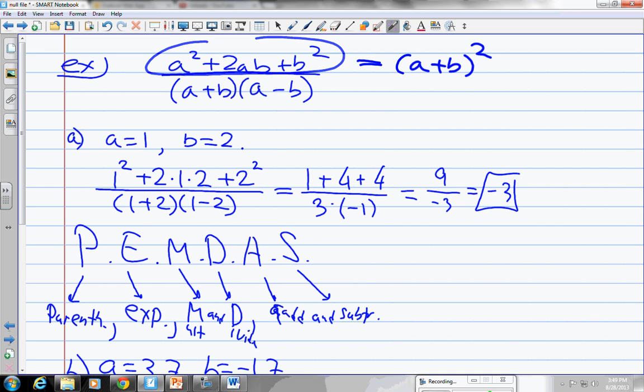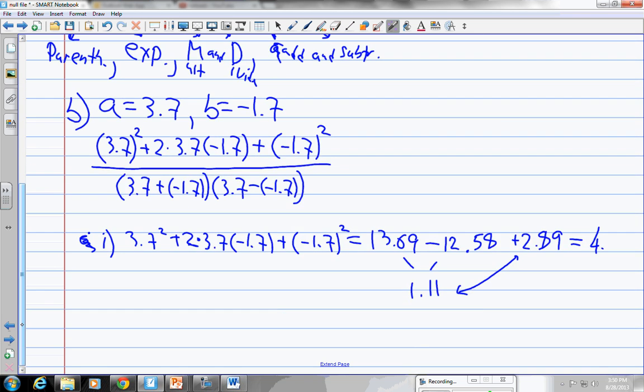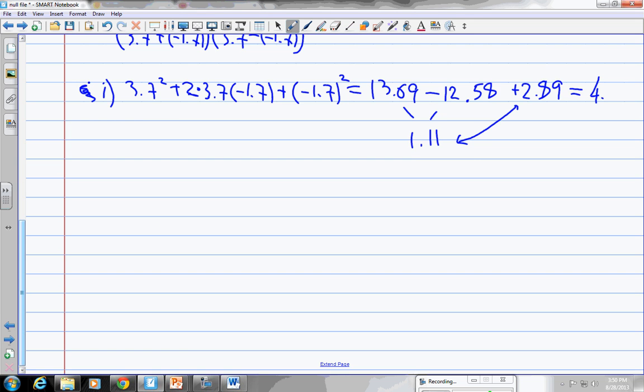A squared plus 2ab plus b squared equals a plus b quantity squared. And if you try that, if you just add a and b, 3.7 plus negative 1.7, that's 2. And you square that, that's 4. Okay, the same. And of course, we'll learn all those sneaky little cuts. All right, but anyway, the numerator came out to be 4, so that's good.